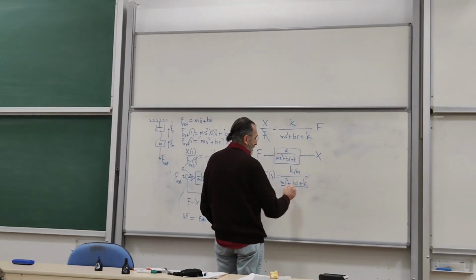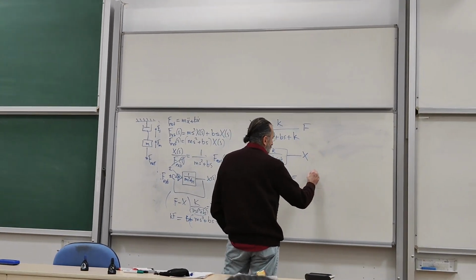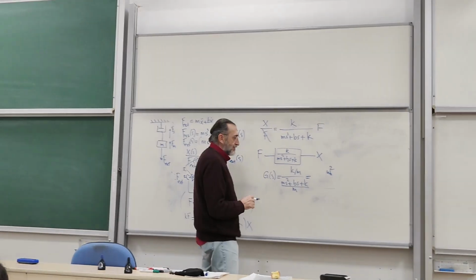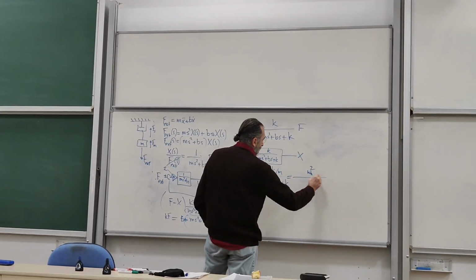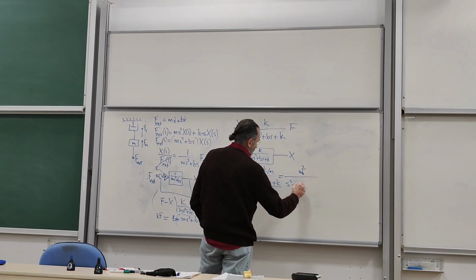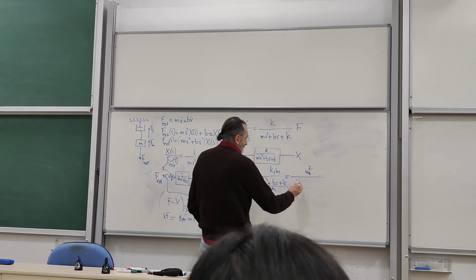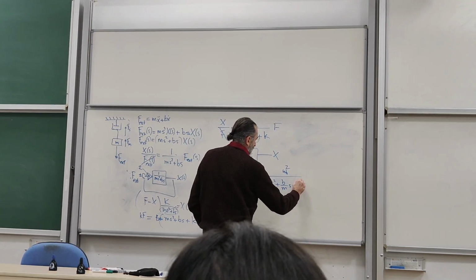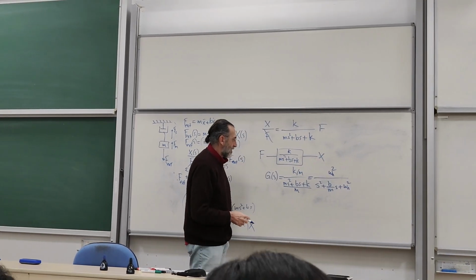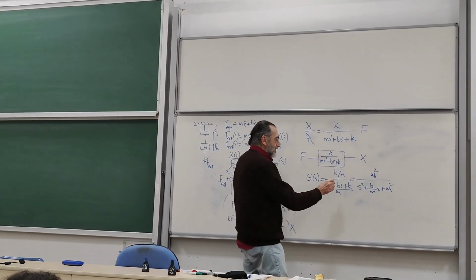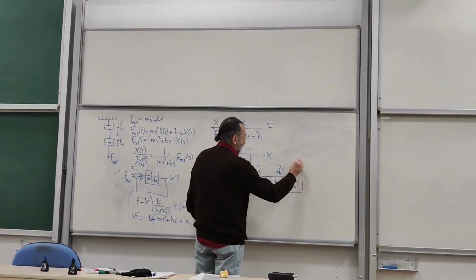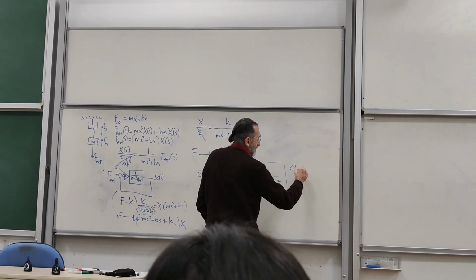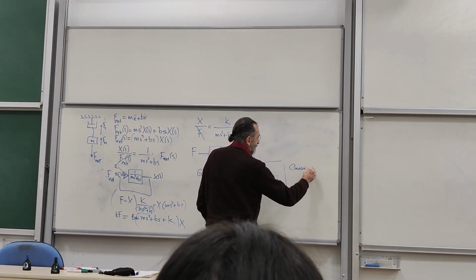So I have K over m, I'm going to call this omega n squared by definition, divided by s squared plus d over m s plus omega n squared. So this is the canonical form of the second order system transfer function.